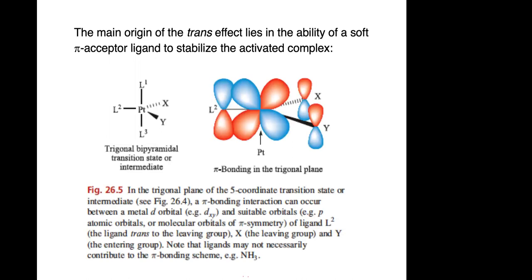All right, and so you can understand how a pi acceptor might do that, as shown in this figure. So a pi acceptor, of course, is going to have this pi bonding interaction with this d_xz orbital, and that's going to be maintained and perhaps even strengthened when you go from square pyramidal to trigonal bipyramidal and swing an opposing ligand out of the opposite position, right?